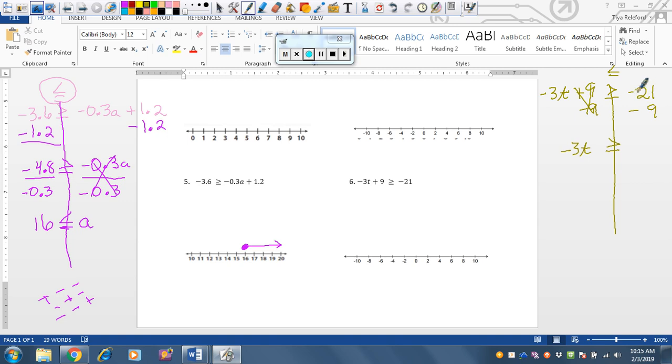And on this side, you have negative 28. Second step is to divide. This is where your sign flips, only because it's negative. So your sign is going to flip the opposite way. 28 divided by 3, what is that? 4.5?